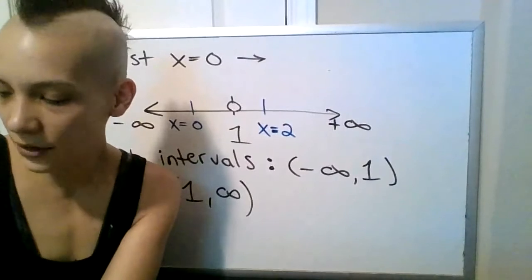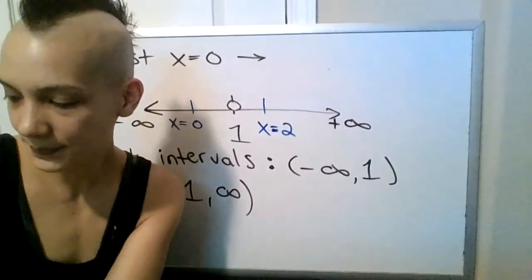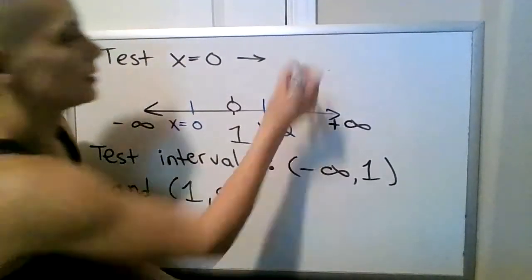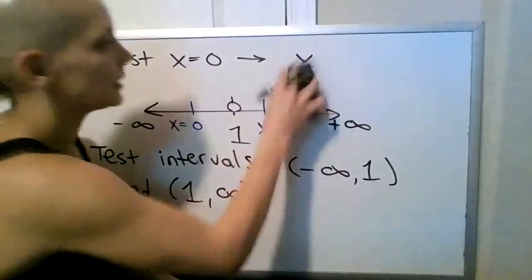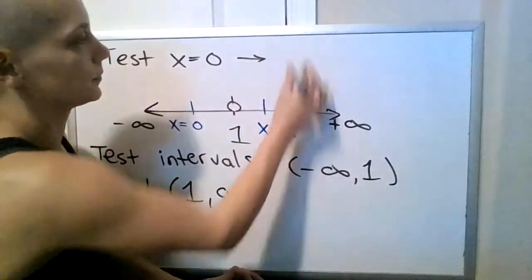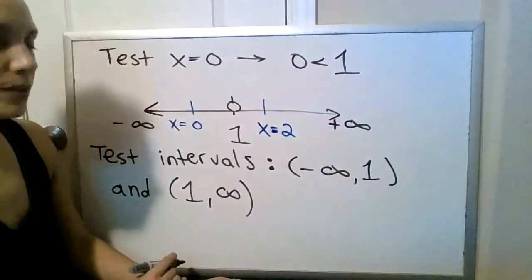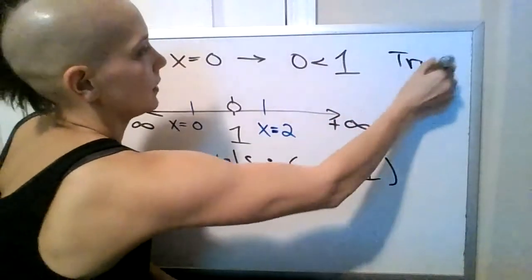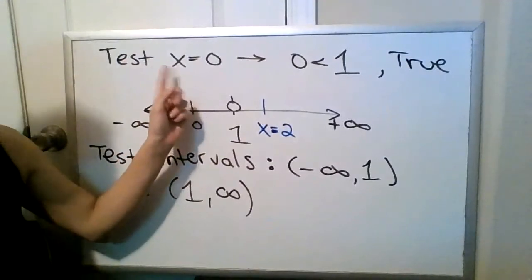It's the set of x in R such that x is less than 1. x less than 1 gives us 0 less than 1. 0 less than 1 is true. So you're going to shade over 0.